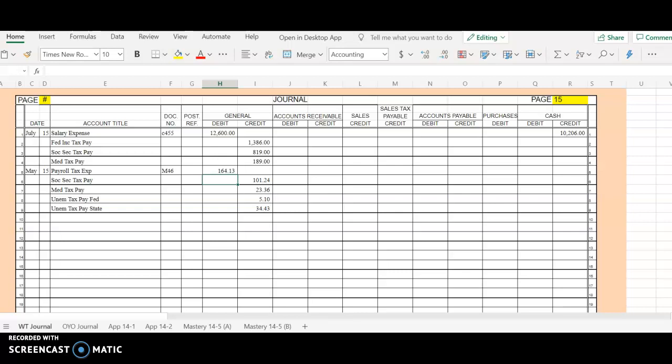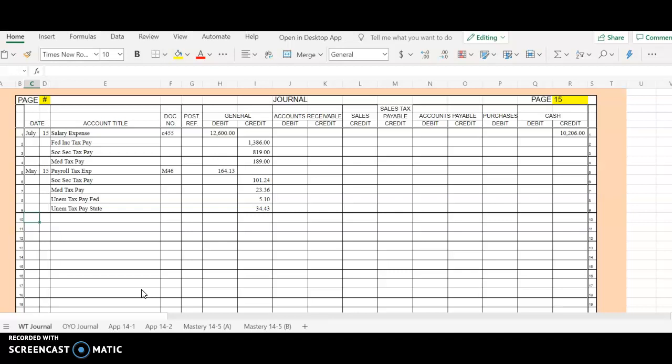Okay, so the first one says prepare a journal entry for payment of the withheld taxes on the date of April 15th. So, first transaction, and then we're going to prepare journal entries for the payment of the federal and state unemployment taxes.